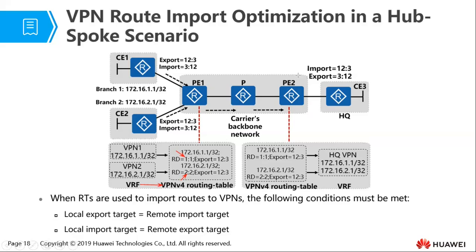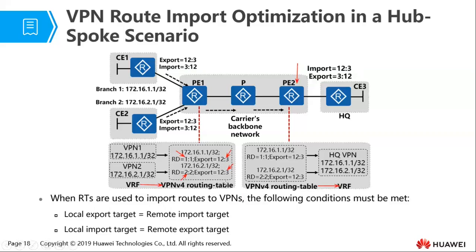On the other hand, to enable this PE to import from the VPN v4 routing table to the VRF table, when we are advertising the routes, we have to specify an export target.